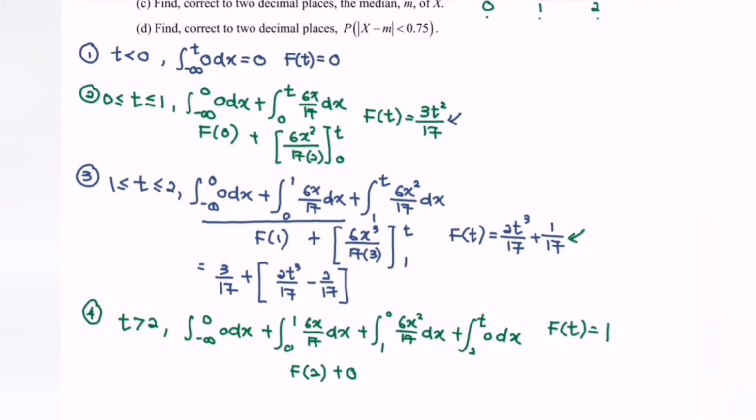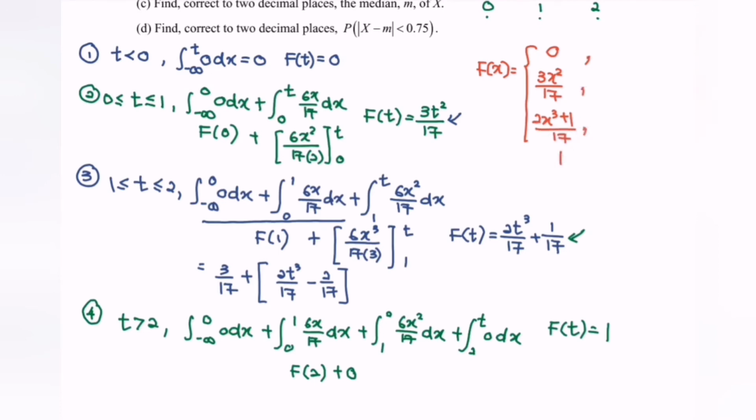Next, express the situation in a cumulative distribution function. So for the F(x), where we have the first one is the function 0, followed by 3x squared over 17. The third one will be 2x cubed plus 1 over 17. And finally, we have 1.